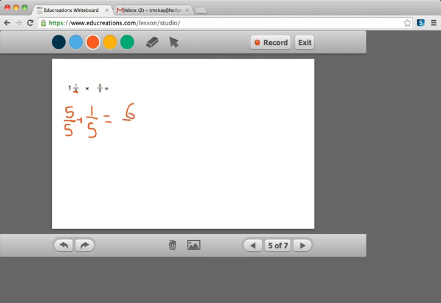Now we have to take our 6/5 and multiply by 4/5. Before we solve this, we want to see if we can simplify the problem. Do 5 and 6 have any common factors that we can simplify? They do not. Do 4 and 5 have any common factors that we can simplify?